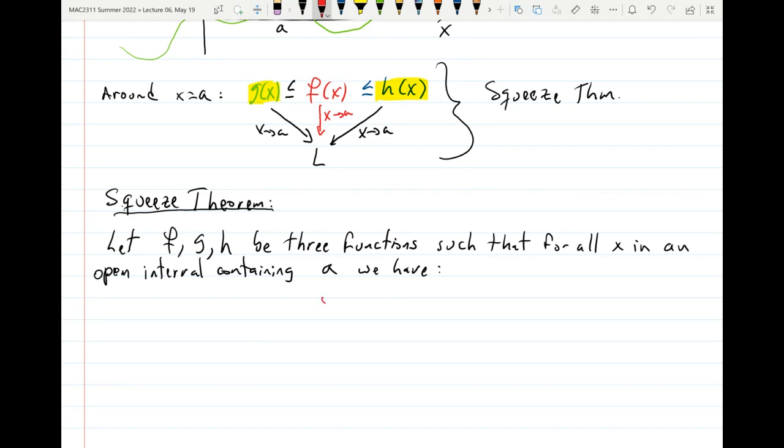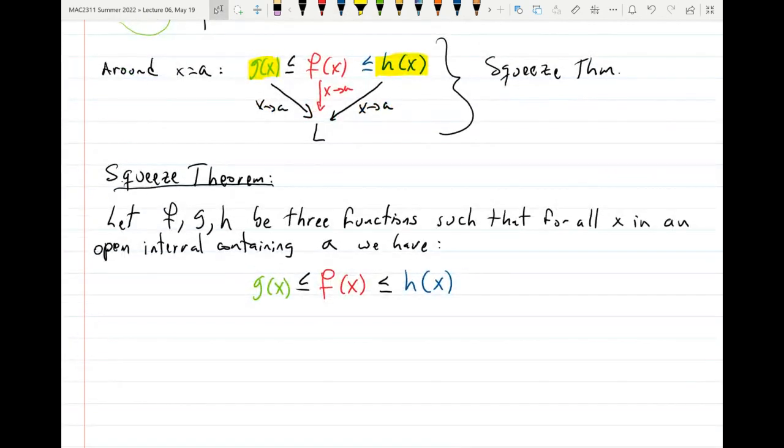We have that f of x is between the function g and the function h. So we have three functions satisfying this condition around a. And again, this is except possibly at a. At a, we don't care what happens.